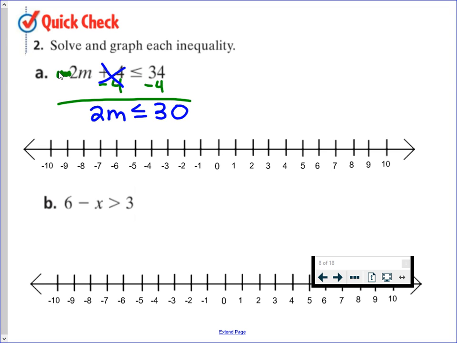Leighton, multiply or divide? Divide. Sure. By what? 2. Nice job. Pete, 30 divided by 2. 15. Whoa. You two are a good combo back there. Isabel, open or close at 15? Close.